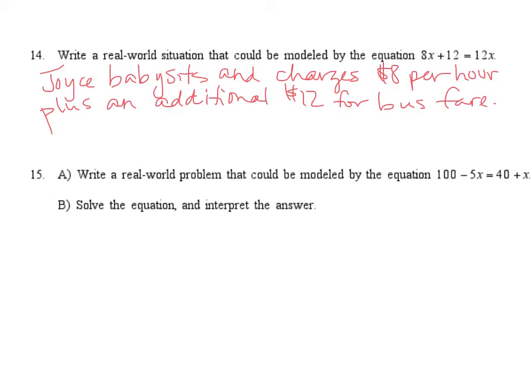So now I have to look at the other side of the equal sign. So it's going to be about someone else. So we'll just say Tammy. Tammy babysits for $12 per hour. She doesn't charge any extra additional fees because there's nothing after that 12x.